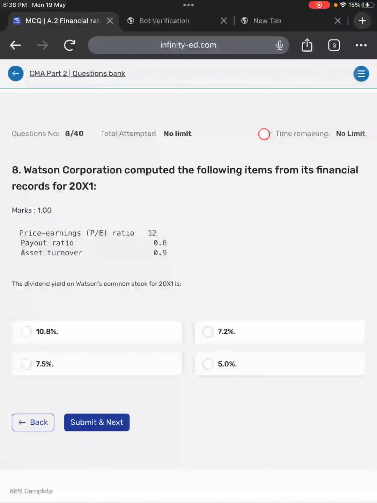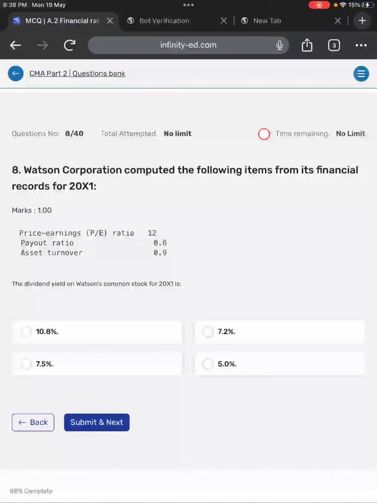Asset turnover ratio is sales divided by assets. Payout ratio is 0.6.